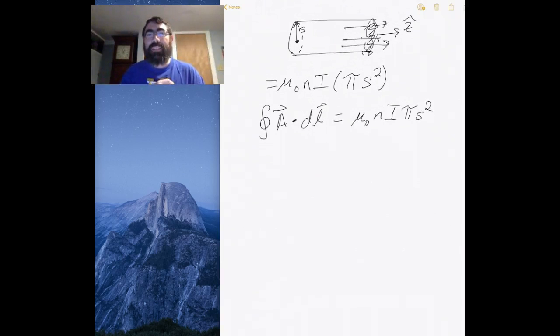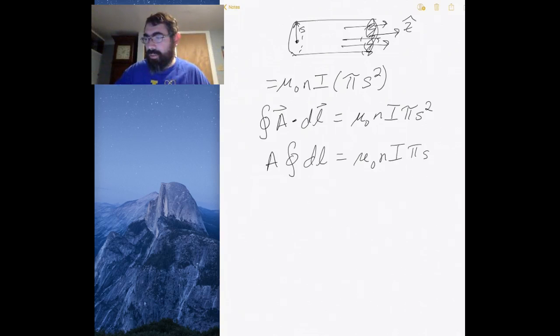Now if the magnetic potential is also uniform inside the solenoid, then we can rewrite this as A times the integral of dl, like so. And the integral of the path is just the circumference.